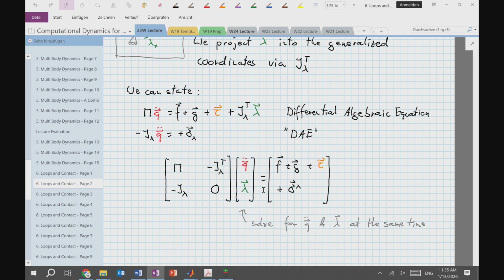In terms of what we need to compute if we are implementing this, the 2 things that are new are this constraint Jacobian, J lambda, and the bias acceleration sigma lambda. This is what you have to compute if you want to implement a simulation with such an implicit constraint.